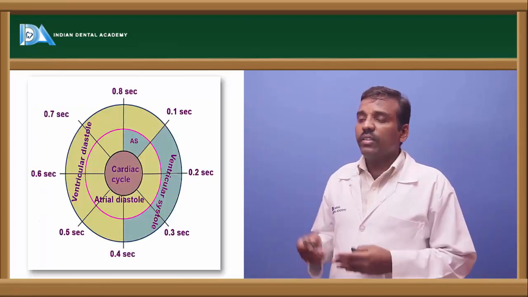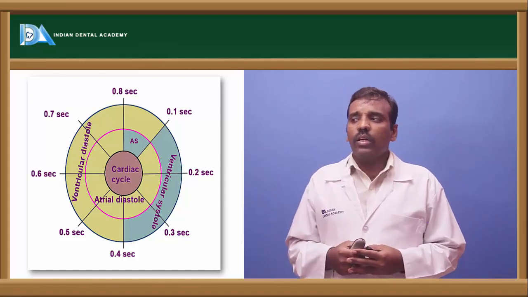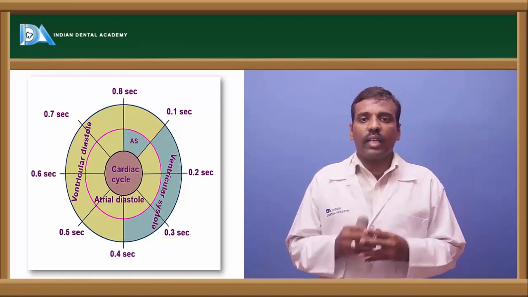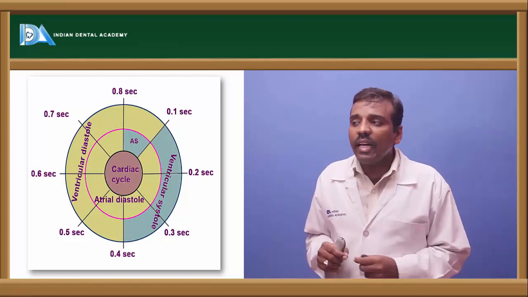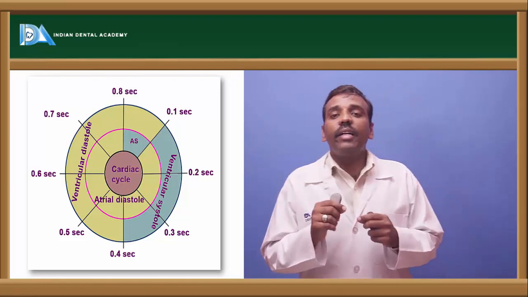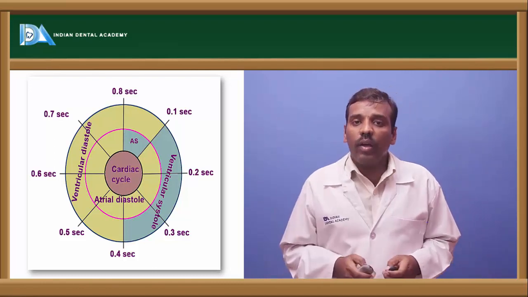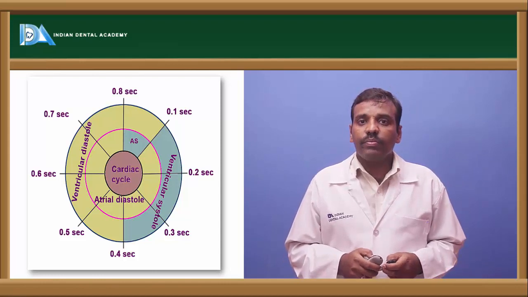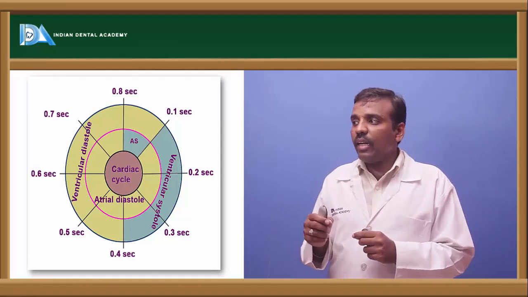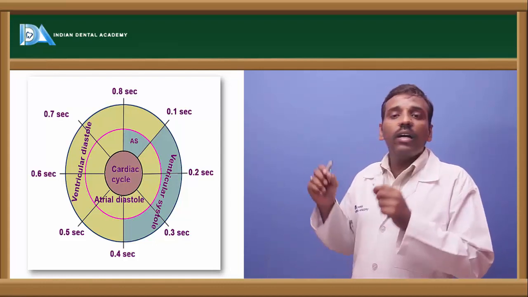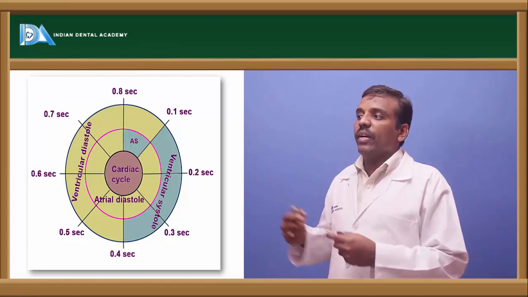If you see this diagram, we'll come to know everything. The innermost circle represents the cardiac cycle, the second or middle circle is the atrial events, and the last, biggest, outermost circle is the ventricular events.